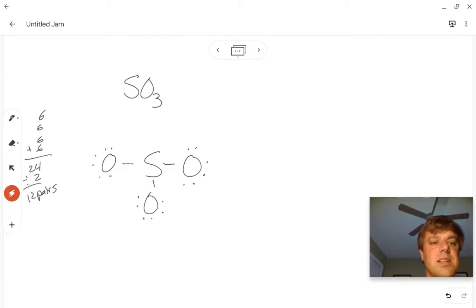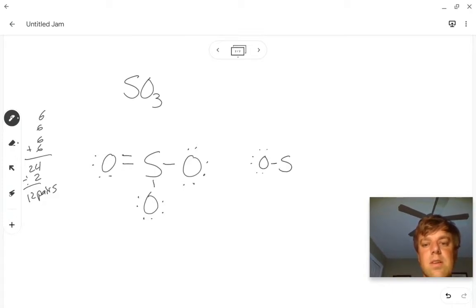So it could make a double bond with this oxygen. This oxygen can share a pair, or this oxygen can share a pair, or this oxygen can share a pair. You might guess where this is going. What we're going to end up doing is drawing all 3 possibilities. So we've got the double bond on the right-hand side.